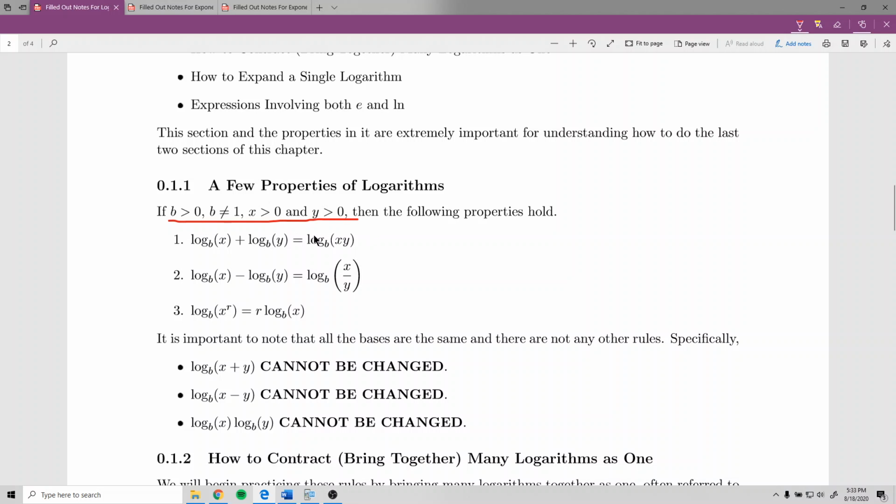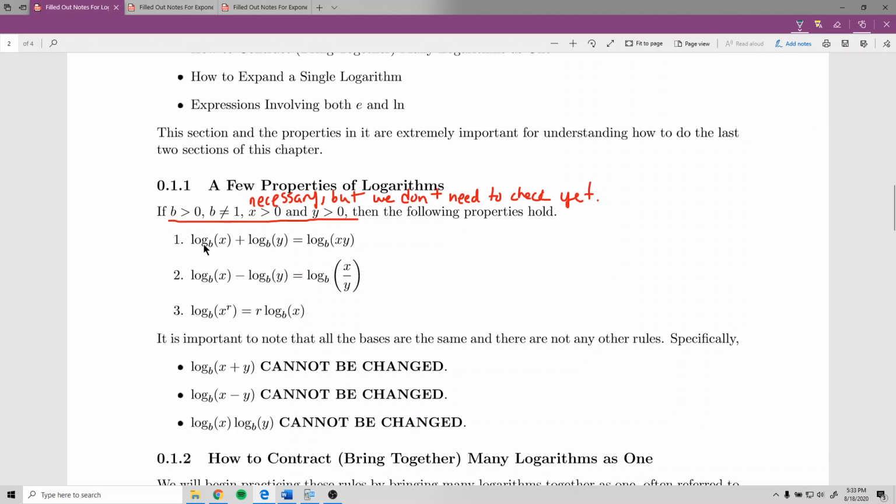All these are just necessary either from the definition or because x and y are inside the logs and they must be positive. But for now, we won't pay any attention to them. We'll just be okay with them. When we do section 13.1 and solve equations, when we use some of these rules, that's when we'll check what we're doing.